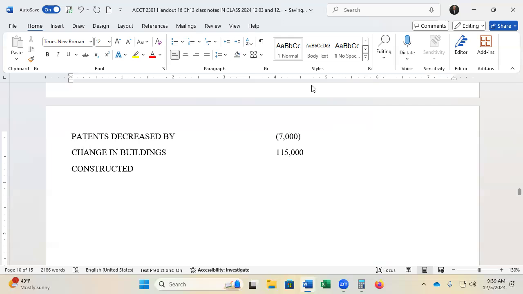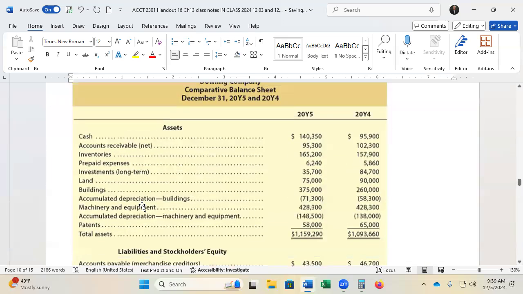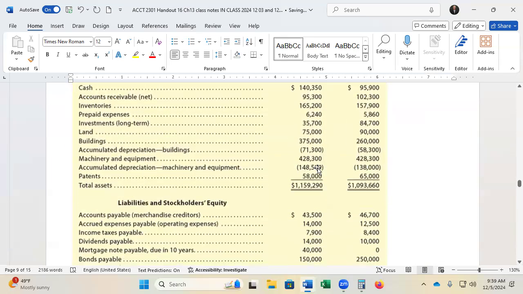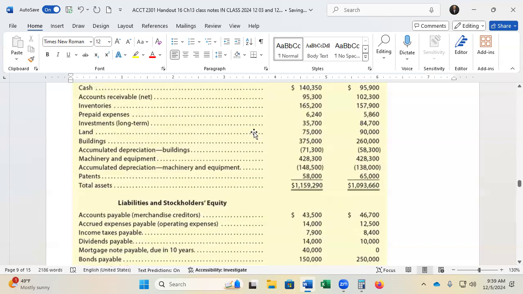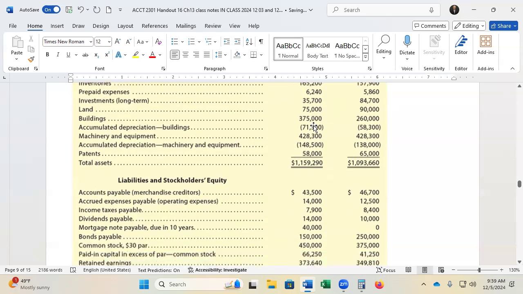Okay, so we know that accounts for that change. Then we have to look at the change in machinery and equipment, and it shows no change in machinery and equipment, but we do see a change in investments, right?